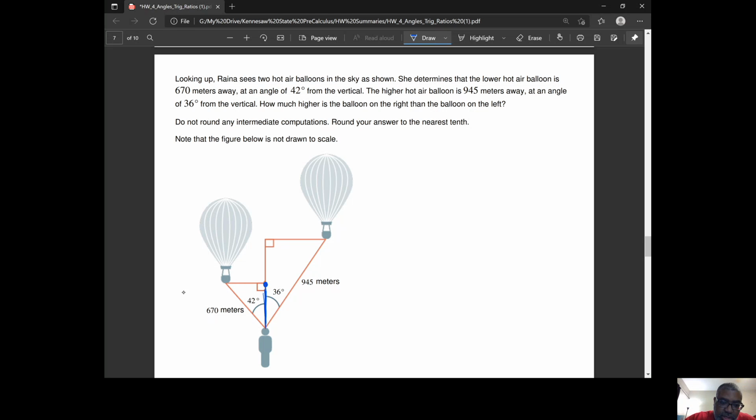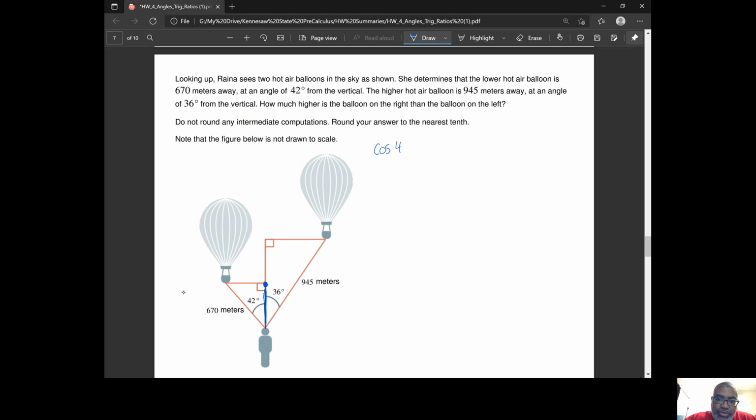So the little length first, we are trying to find this side. We'll call it B. And we have this angle 42. So we have the adjacent side and the hypotenuse. That's cosine.